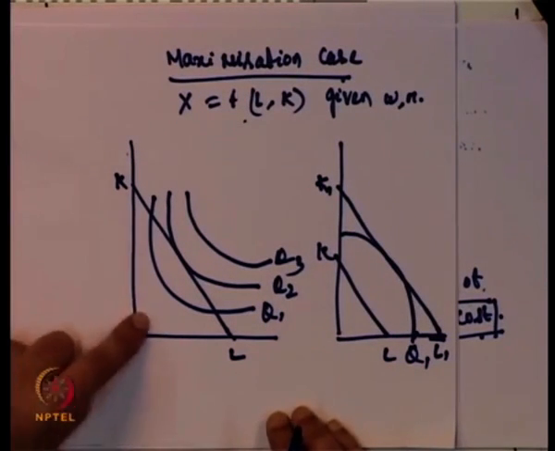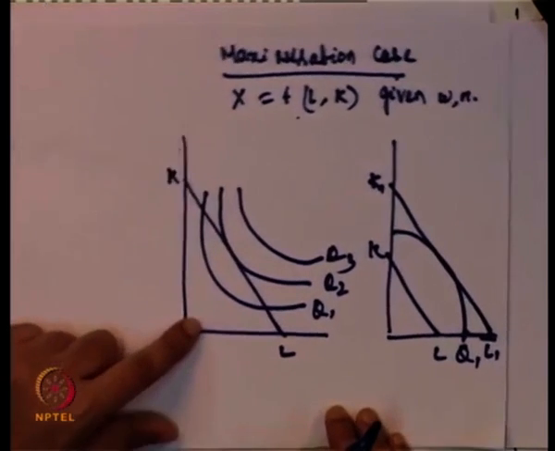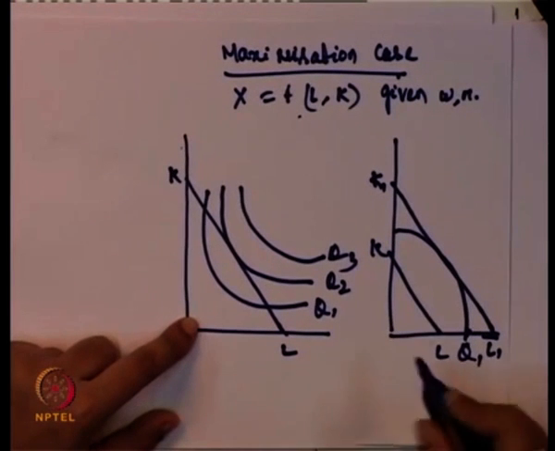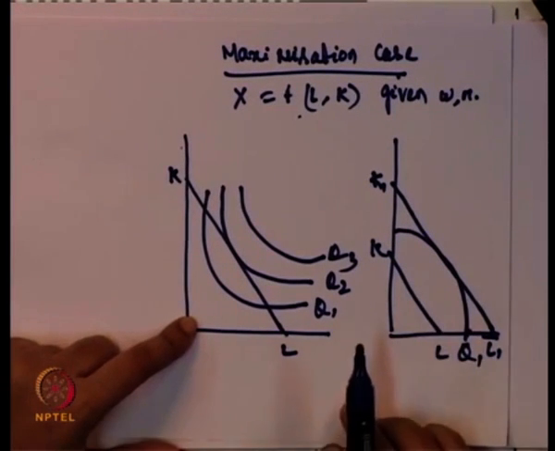Graph 1 is where there are 3 isoquants and the isocost is given, and graph 2 is where the isoquant is in a different shape and there are 2 isocost lines.